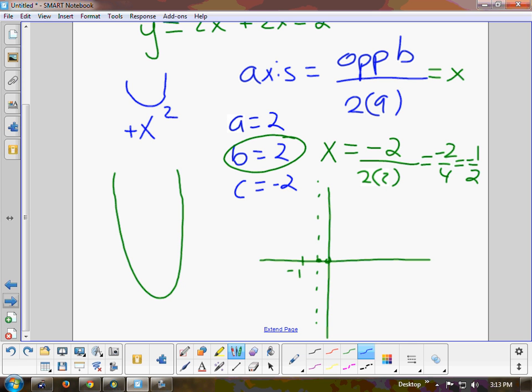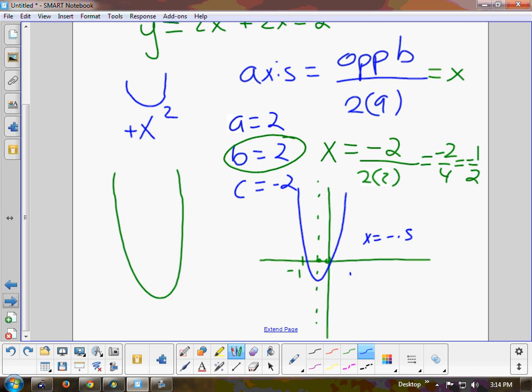There's two choices there. A's out of there, so we're down to C and B. But C says the axis of symmetry is negative 0.5. They both say that. So they both say x equals negative 0.5, which is negative a half.